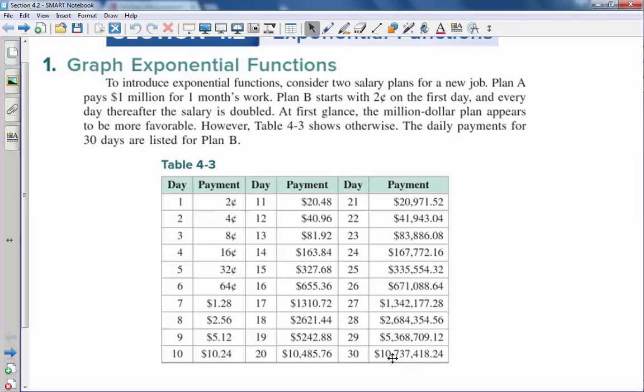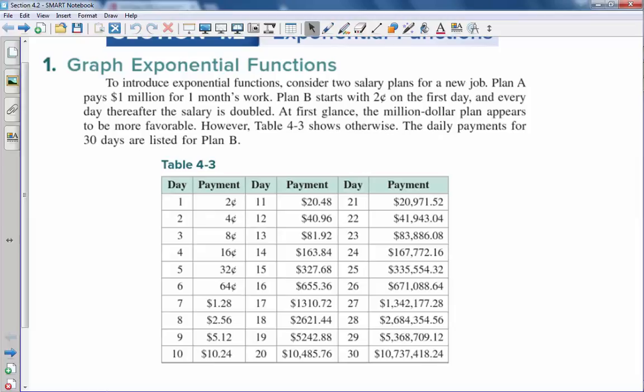Or I offer you 2 cents on the first day, and then I double your salary for each day you're on the job. So which offer would you take? Would you take $1 million or would you take 2 cents each day? Don't cheat, come on. Yes, the table explains that 2 cents is a better deal.